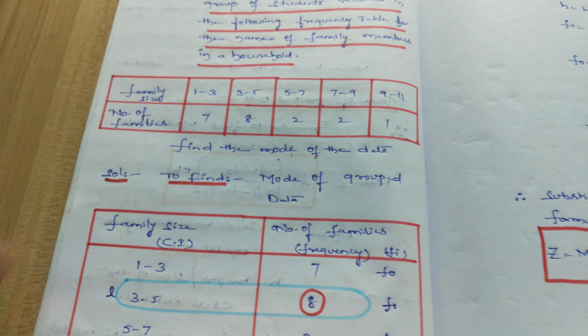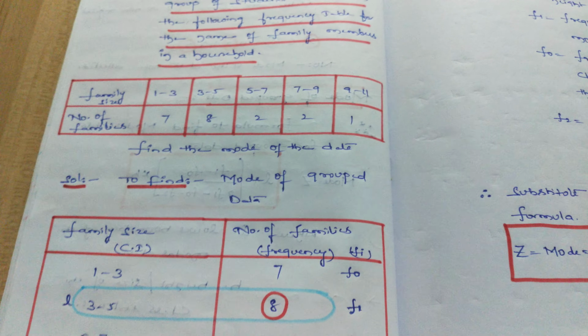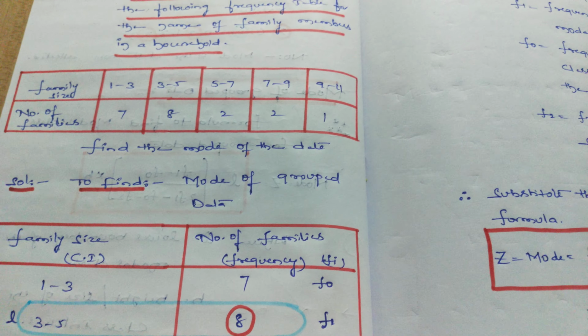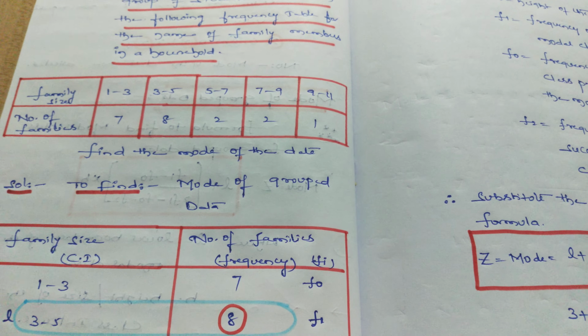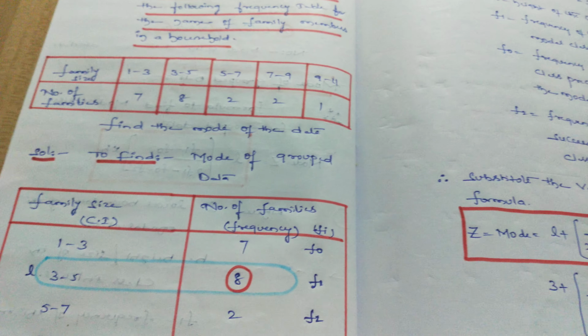But I want to tell you one thing. In the previous videos we completed the mean of grouped data, which is classified into three types: it can be solved by the direct method, the assumed mean method, and the step deviation method.